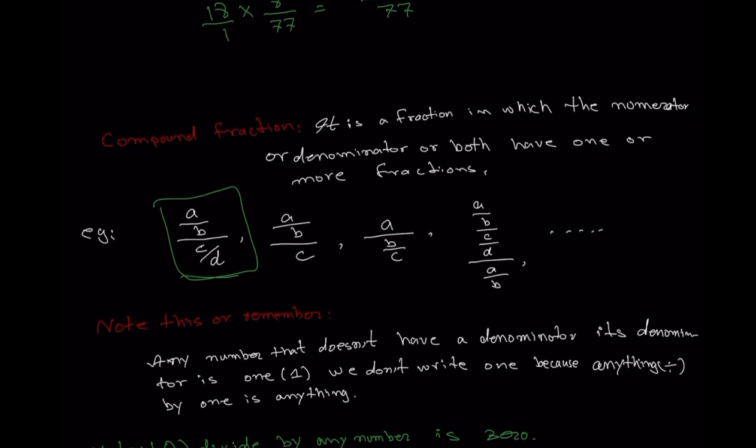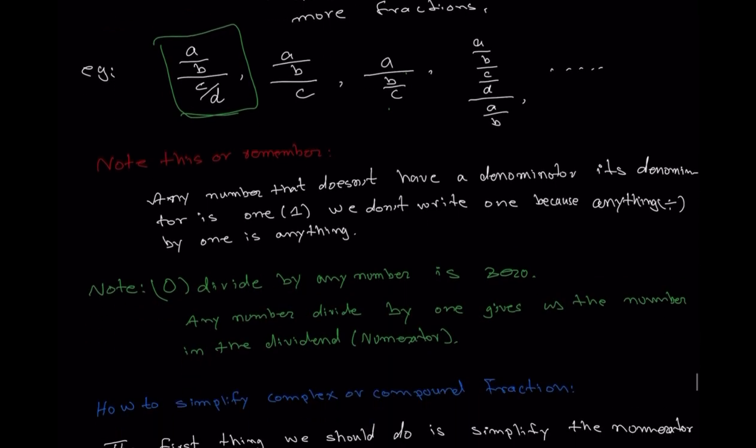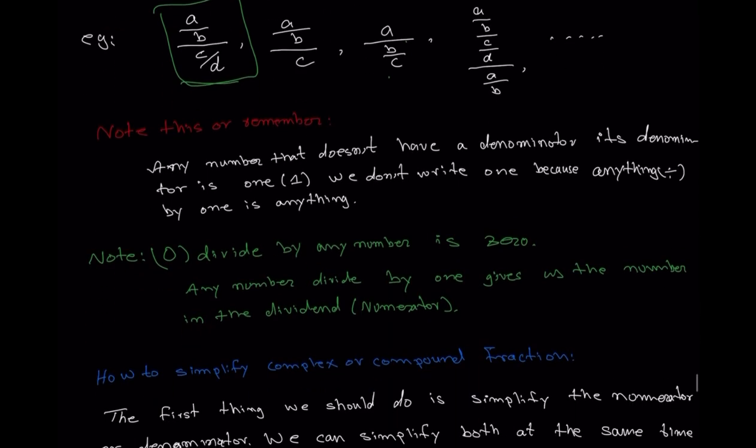Here in this one, you have a fraction in the numerator but not in the denominator, only one denominator. Here the denominator has a fraction. And here it has multiple fractions in the numerator and one fraction in the denominator. These are all examples of compound fractions.